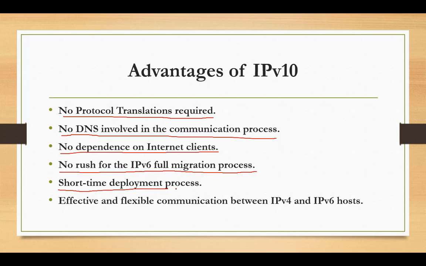Short deployment time. To deploy IPv10 for all internet connected hosts, it can take, I can say, months or less, because it's simple updates that will be deployed to operating systems and to router operating systems.